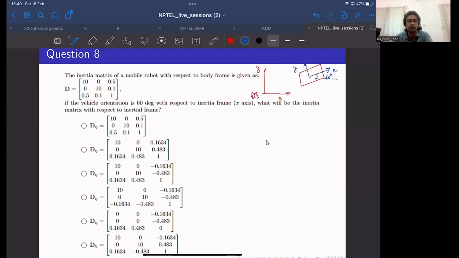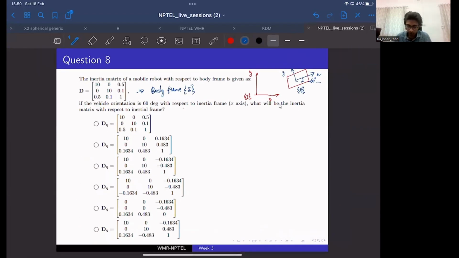We have also been given an inertia matrix with respect to the body frame, body frame B. And we are asked to find the inertia matrix, or the mass matrix, with respect to the inertial frame. So how do we do that?